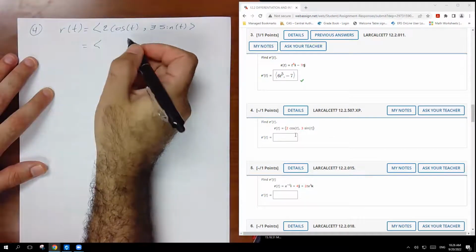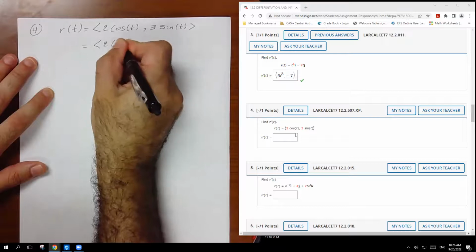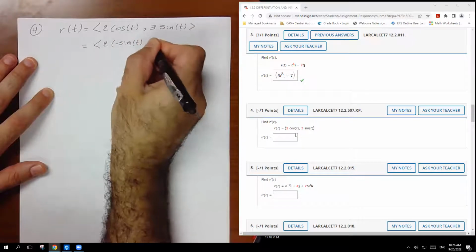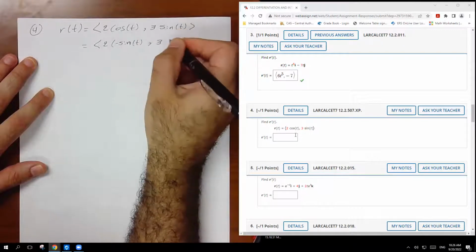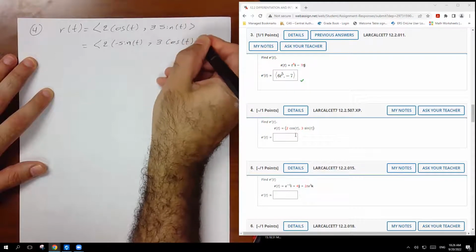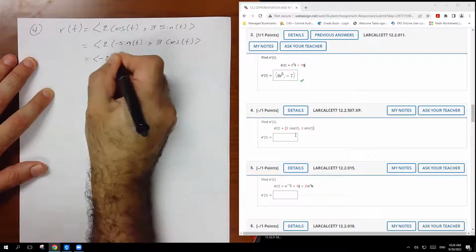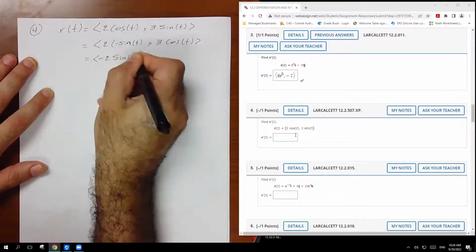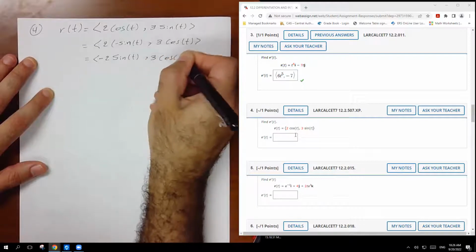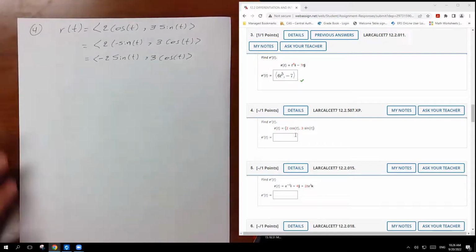The derivative of cosine is negative sine, so here's 2, and this is negative sine t. And here's 3, the derivative of sine is cosine. That means it's going to be -2 sine t and 3 cosine t. That's it. This is for the third one.